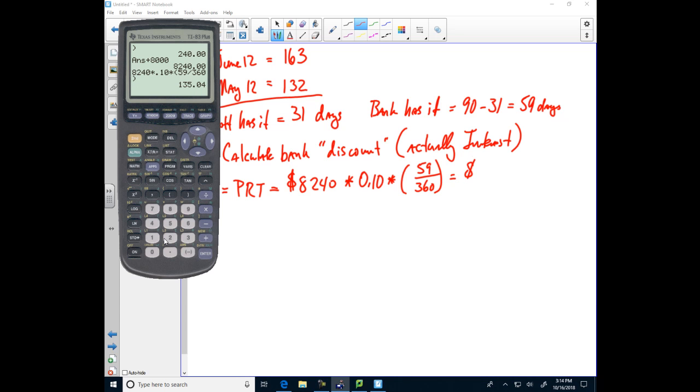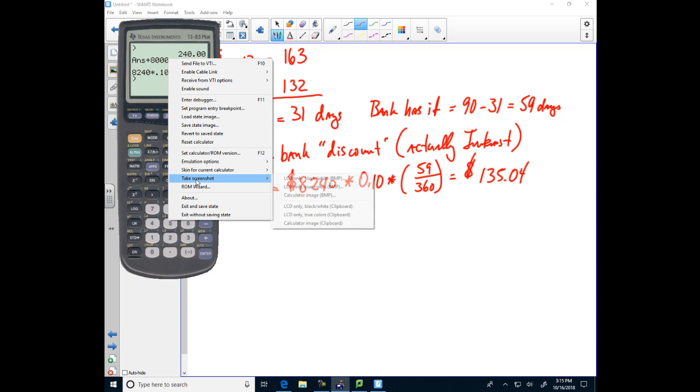So if I'm right here, the bank's interest for those 59 days at 10% is going to be $135.40. Okay. I should copy this over, I guess.